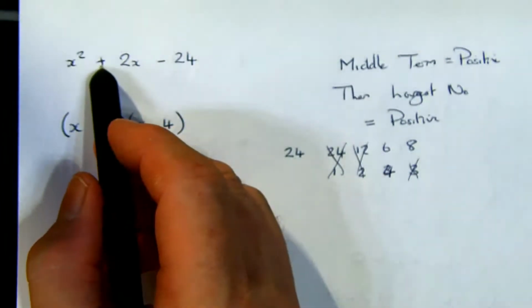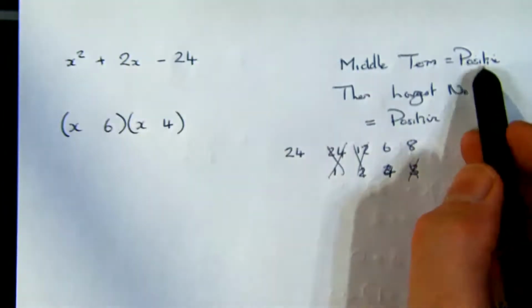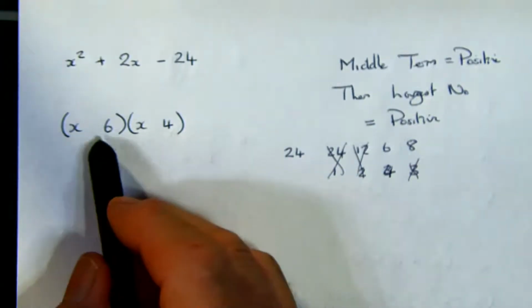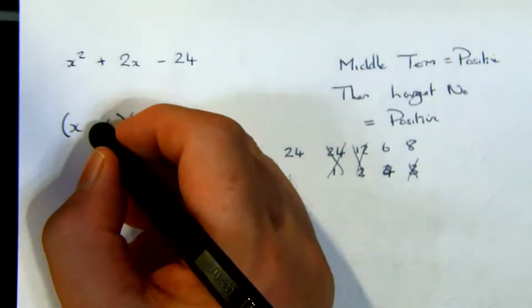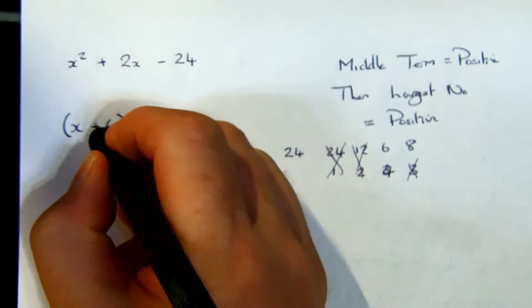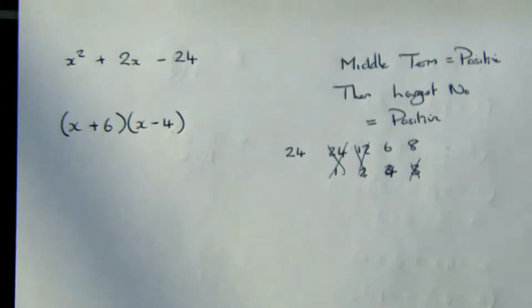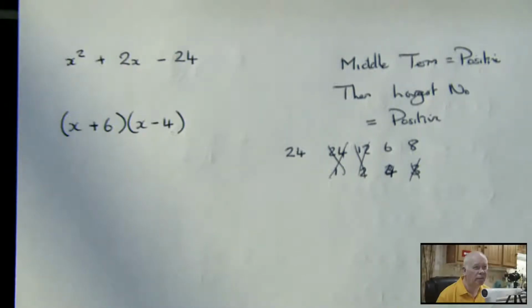The answer is positive, so our largest number out of these two is going to be positive, and that one's negative. So hopefully not too bad at trying this out.